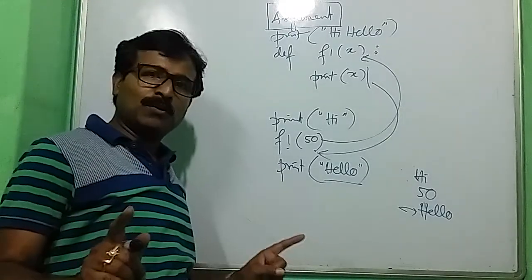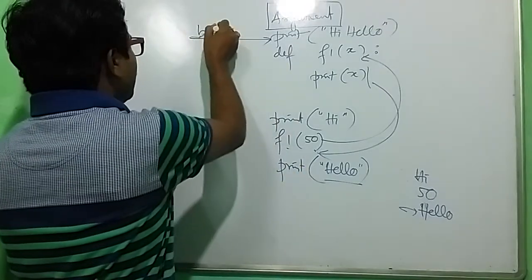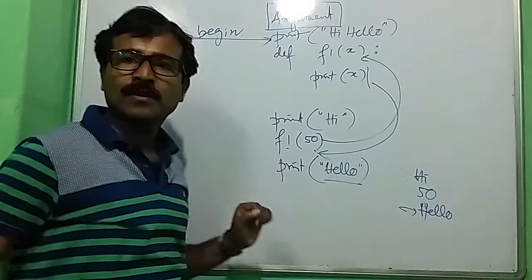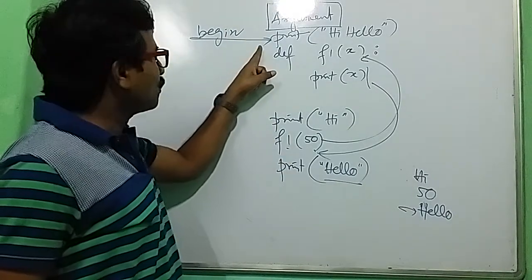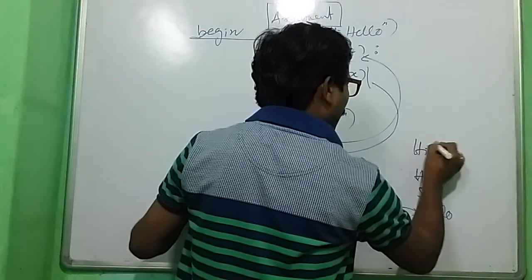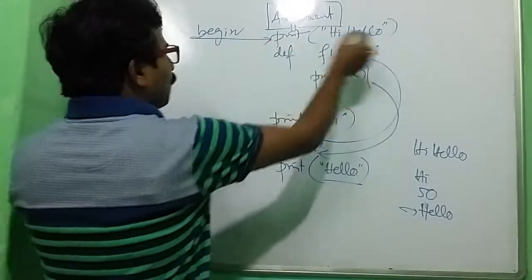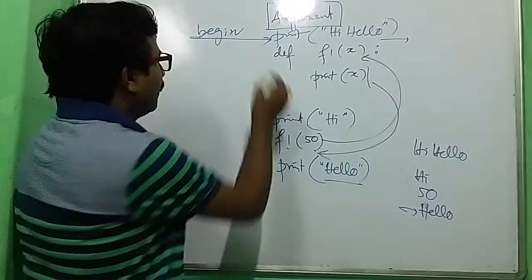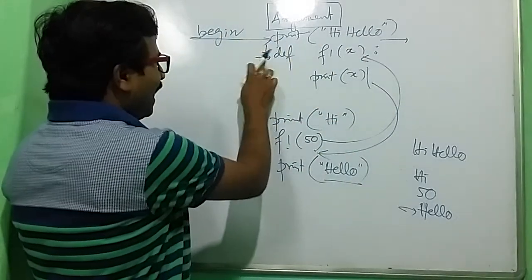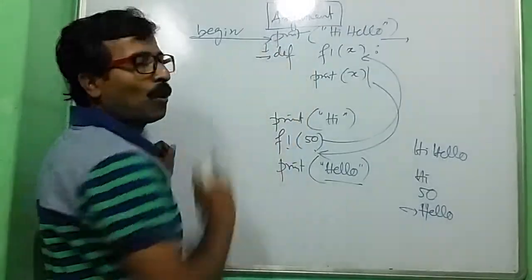The output will be very simple. First the program starts, so that is the beginning. The program will begin here, so it will print hi hello. Now after this line gets executed, when it comes to this line, as it finds define, it will understand here is the body of the function.